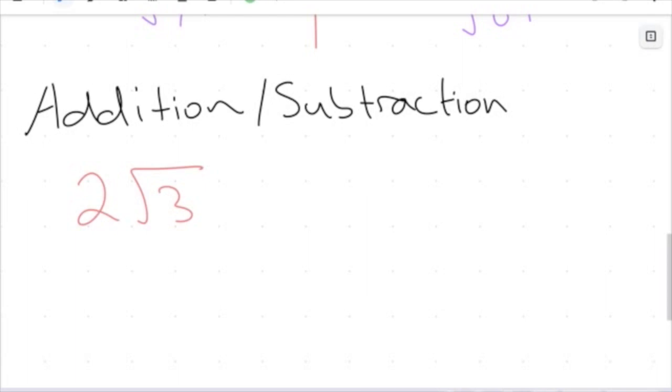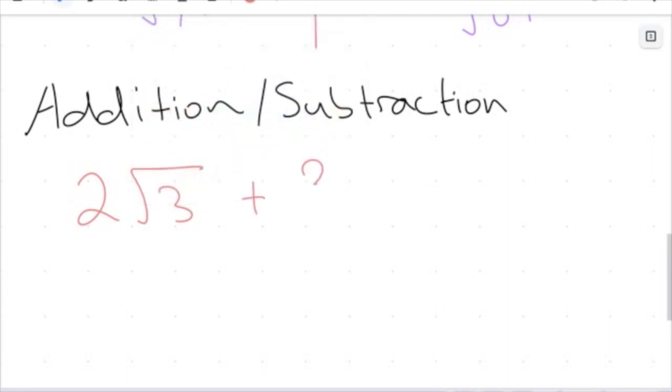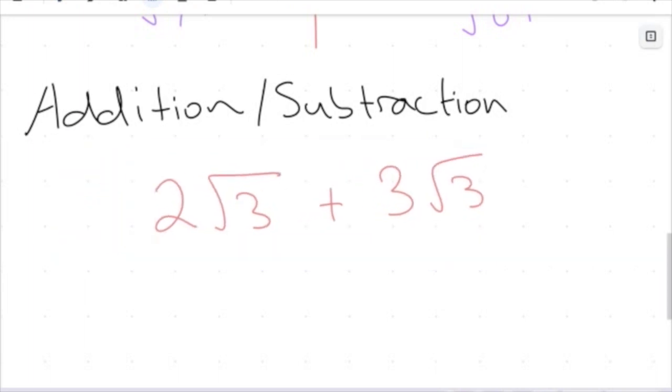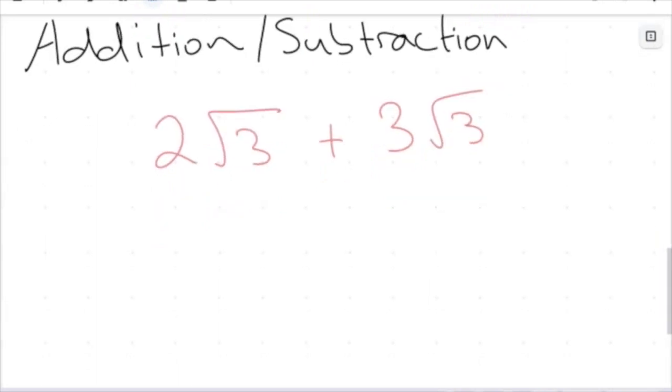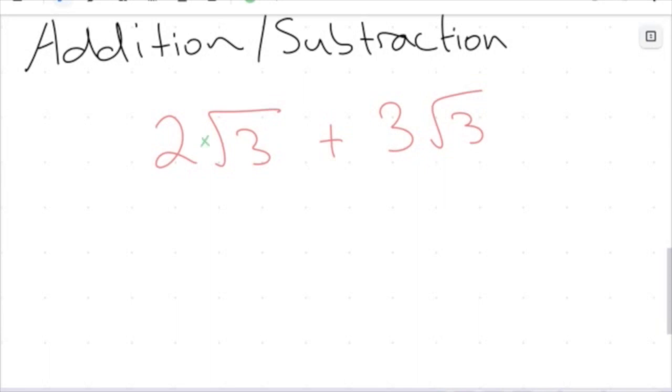So if I have, for example, 2 root 3 and I add 3 root 3, let's look at what we end up getting. So think about this, because here my 2, as I said, I'm basically doing 2 lots of root 3 and I'm adding to that 3 lots of root 3.